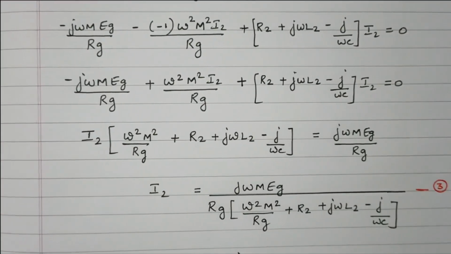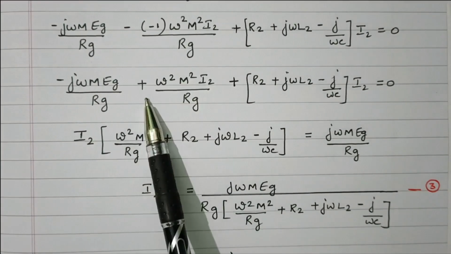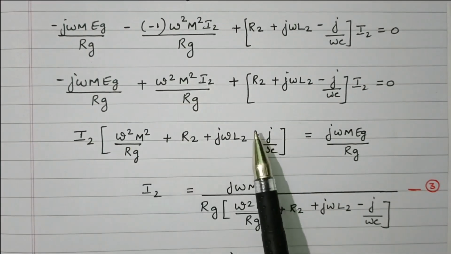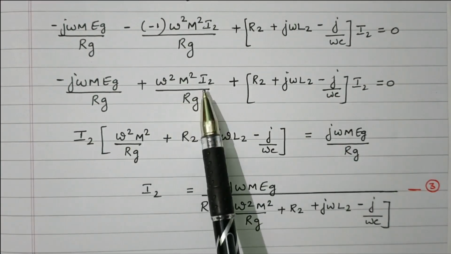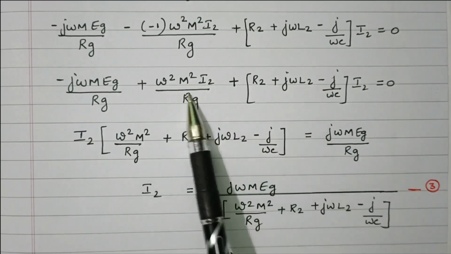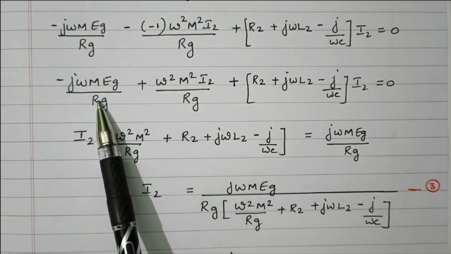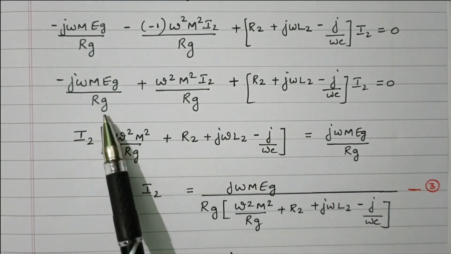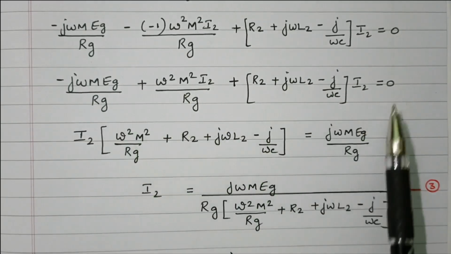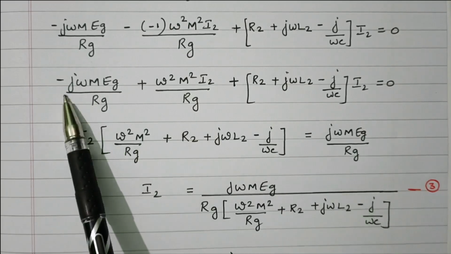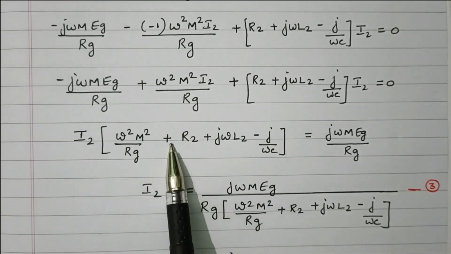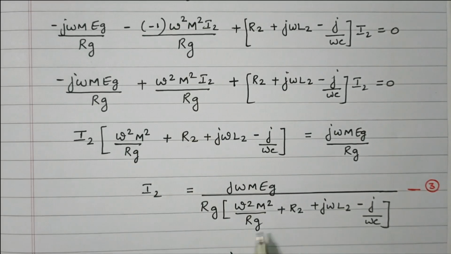Minus becomes plus. Now we take I2 outside, since I2 is available here as well as in these two terms. One more term is brought to that side, so minus becomes plus. Now bring this term into the denominator, so that we get the expression for I2.